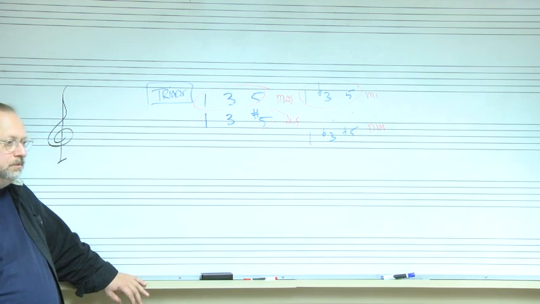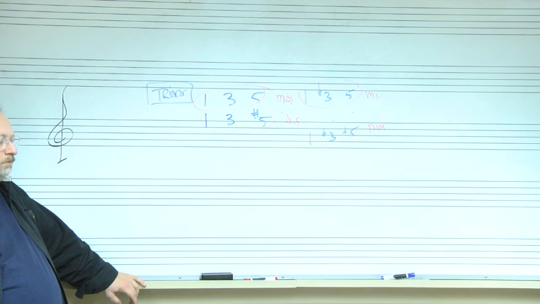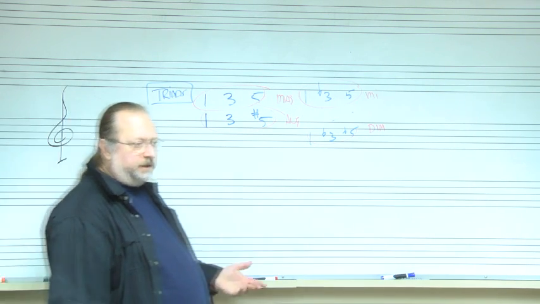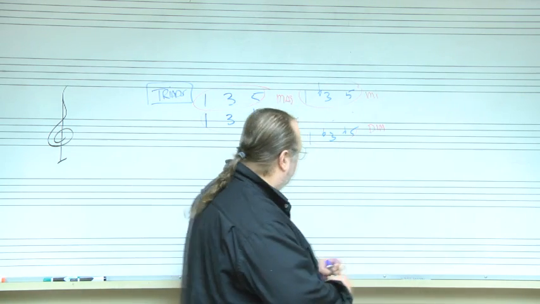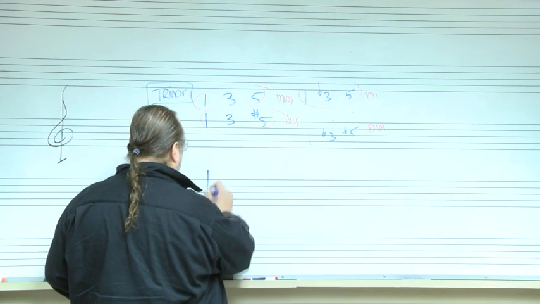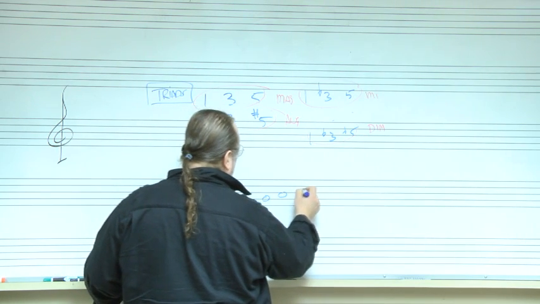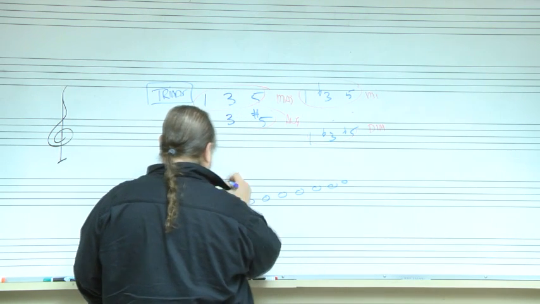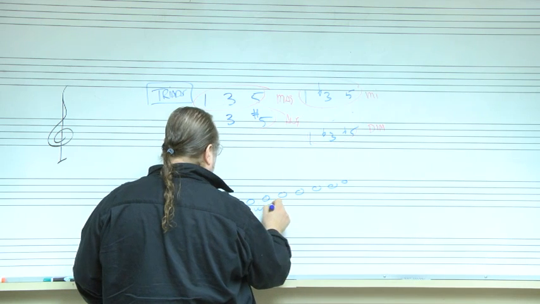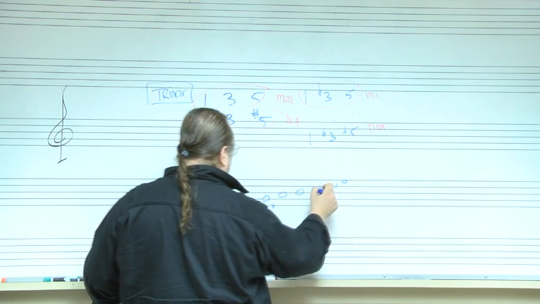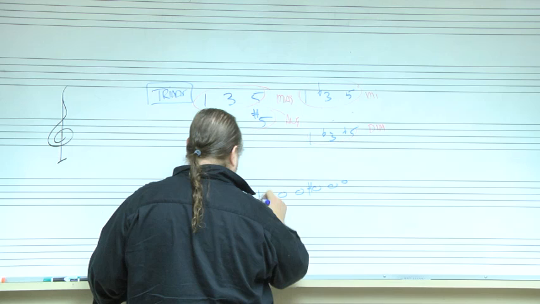If you want to build an E minor chord, would you just have E, G flat, and then B? First let's talk about E major. E, F, G, A, B, C, D, E. Whole step, half step, right? F sharp, C sharp, G sharp.